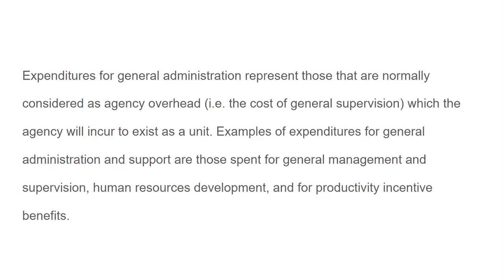So for it to perform its mandate, they need that general administration expense. Examples of expenditures for general administration and support are those spent for management and supervision, human resource development, and for productivity incentive benefits.